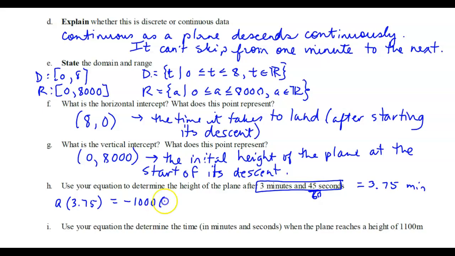Okay, and then simplify that. So negative 1,000 times 3.75 is going to be negative 3,750. And then when we add those together, what will we get? 4,250.